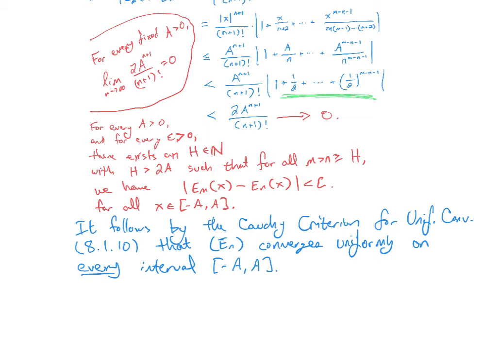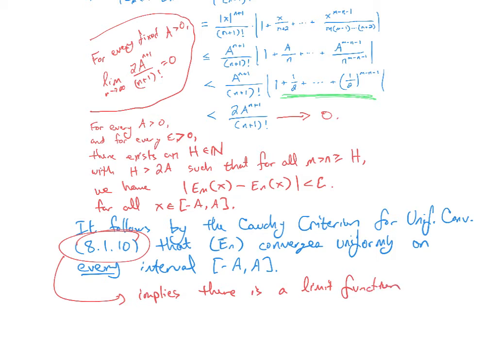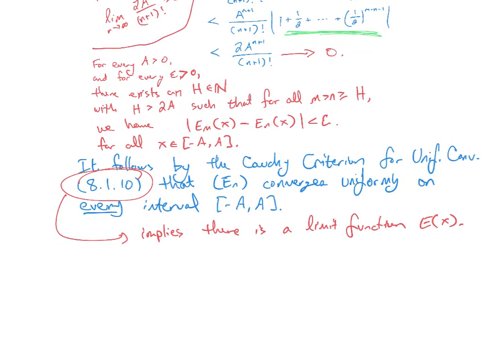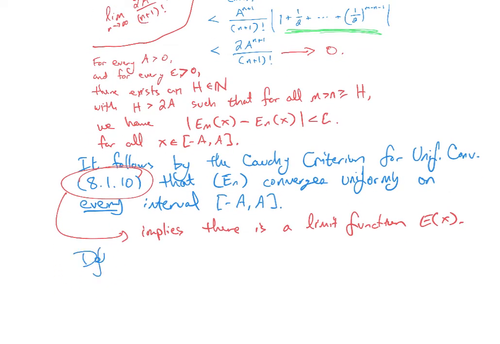So what I'm saying is that this Cauchy criterion implies there is a limit function e of x. So now that we know this exists, we just need to show that it inherits the properties.